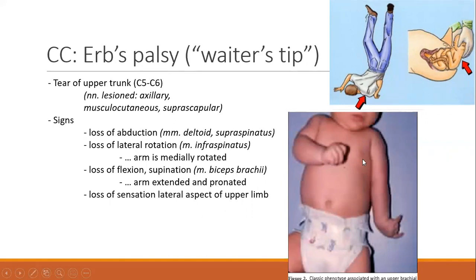The shorthand for it is waiter's tip, because an old timey thing would be when you would go to tip the waiter, they would put their arm like that, waiting for the money. So it wasn't obvious, but it's a way that we remember upper trunk injury: waiter's tip. So upper trunk injury, C5, C6.